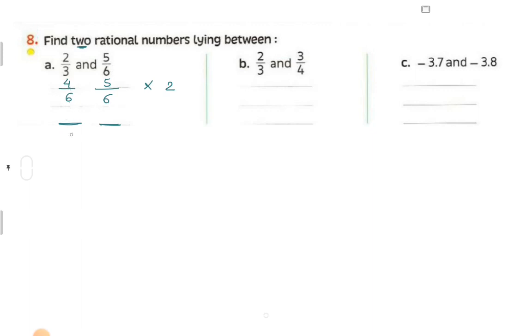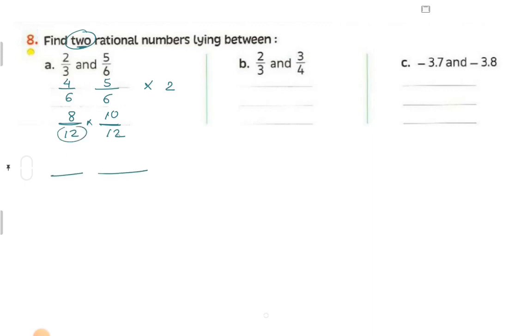Okay, 6 and 6 will be 12 and 12. 4 times 2, 5 times 2, what? 8 and 10. In between them will be 9 over 12, just 9 over 12, but he needs two fractions. So let's convert again.